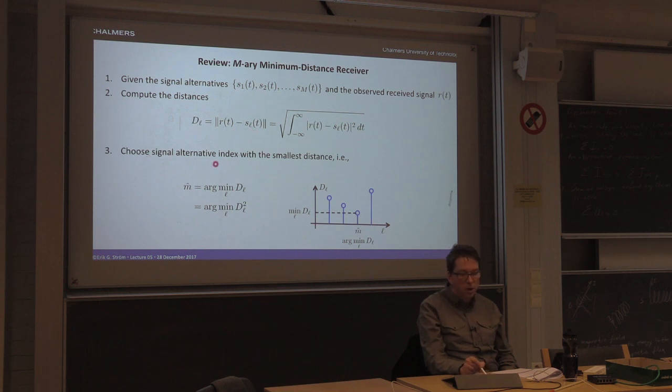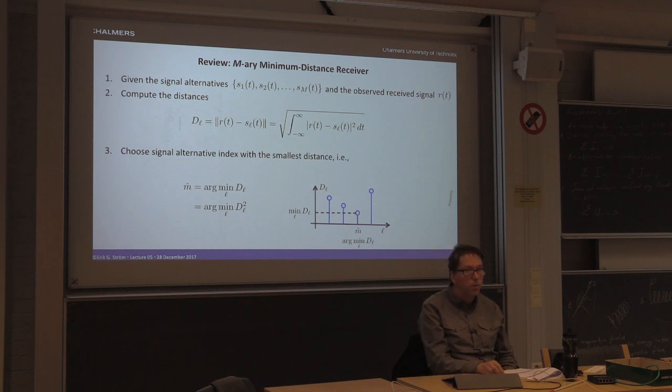And then we choose the signal alternative as the one which has the smallest distance to the received signal. So if we plot the distances as a function of l, we find the smallest one, and then we take that l and say, okay, this is the index to the transmitted signal. So m hat here is the index to that signal alternative, which is closest to the received signal.